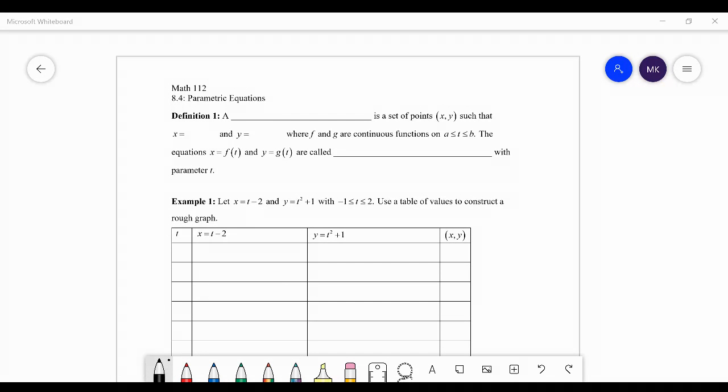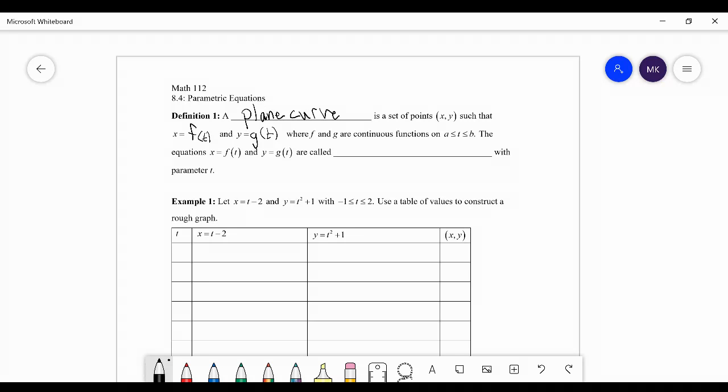So a plane curve is a set of points (x, y) such that x is equal to f of t, some function f with the input of t, and y is equal to g of t, where f and g are continuous functions on the interval from a to b.